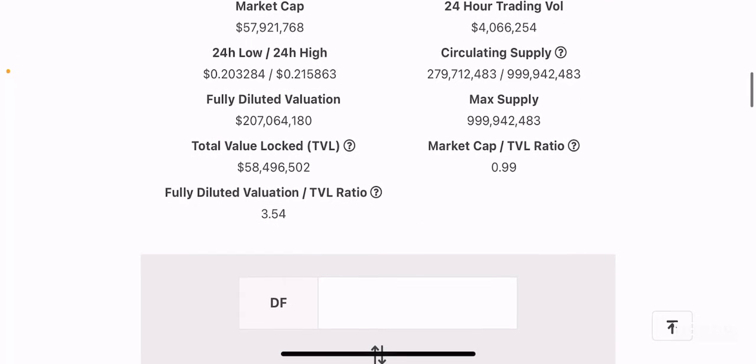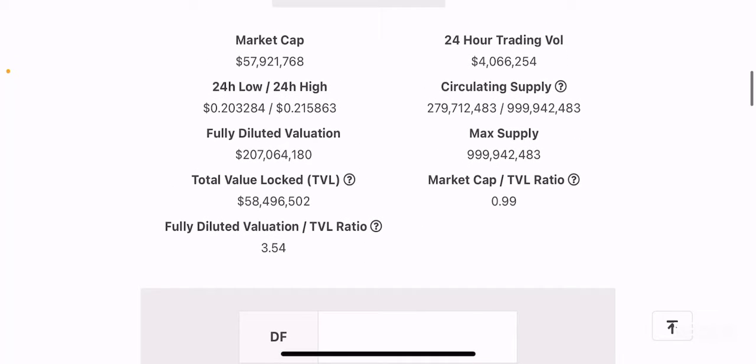If you take the max supply, you have 994 million tokens in max supply, whereas 279 million tokens are already in circulation out of the max supply, right? Again, this is a really huge supply when it comes to max supply, and if you see the ratio between circulating supply to the max supply, it's not even 50%.